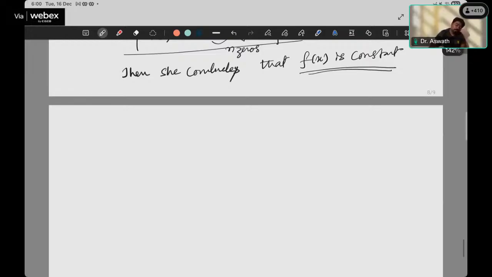Okay, let me draw the circuit again for you. There is a unitary oracle function U_f, taking x and y to x and y plus f of x.